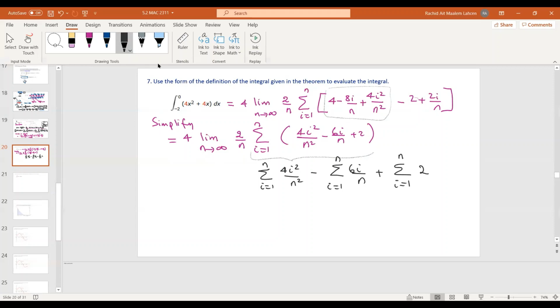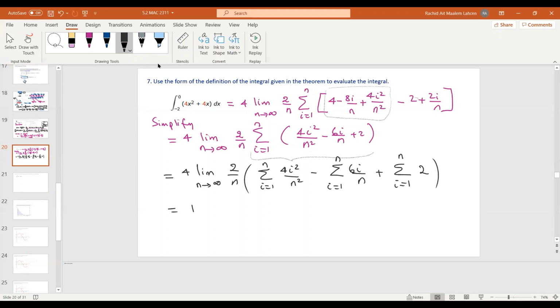From one of the properties for the series from 5.1, you're going to split it. And of course 2 over n is outside, and the limit as n approaches infinity is that, and the 4 is sitting outside there.